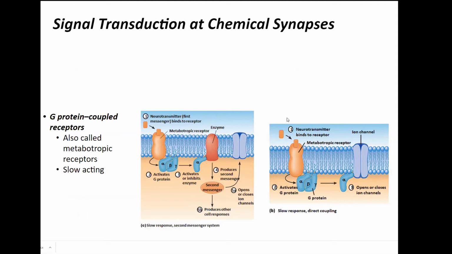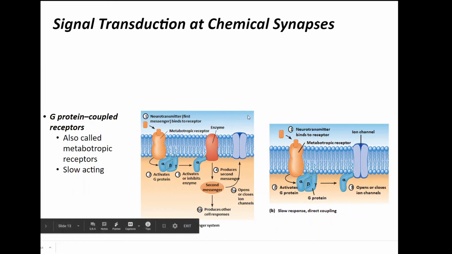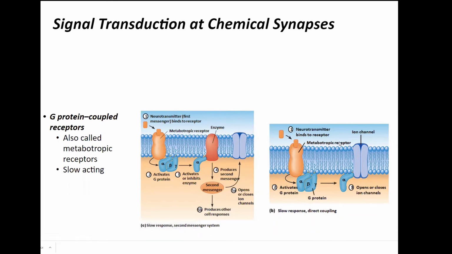So we can distinguish these two types by calling them the second messenger system, or, for this one where we don't produce a second messenger, we might say it's directly coupled to this ion channel. So we would call this direct coupling. So, questions here about G protein coupled receptors, which are also called metabotropic receptors, and this whole system?